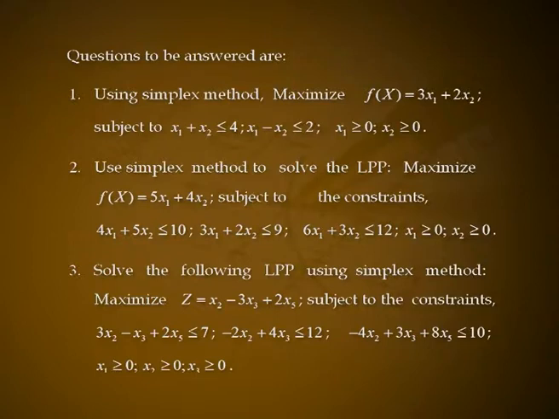Solve the LPP using simplex method. Maximize z equal to x2 minus 3x3 plus 2x5 subject to the constraints 3x2 minus x3 plus 2x5 less than or equal to 7, minus 4x2 plus 3x3 plus 8x5 less than or equal to 10, x1 greater than or equal to 0, x2 greater than or equal to 0, x3 greater than or equal to 0.